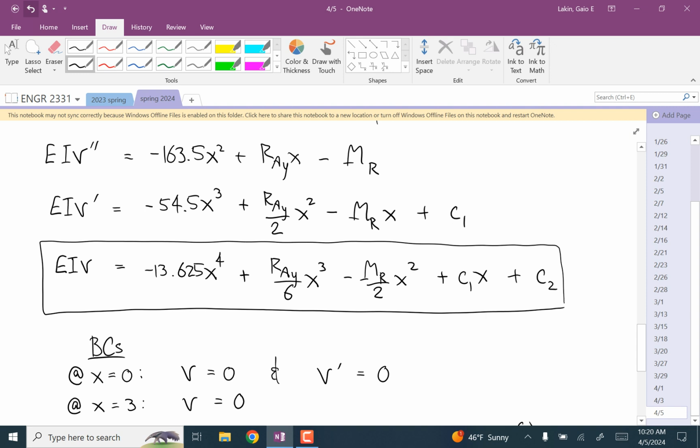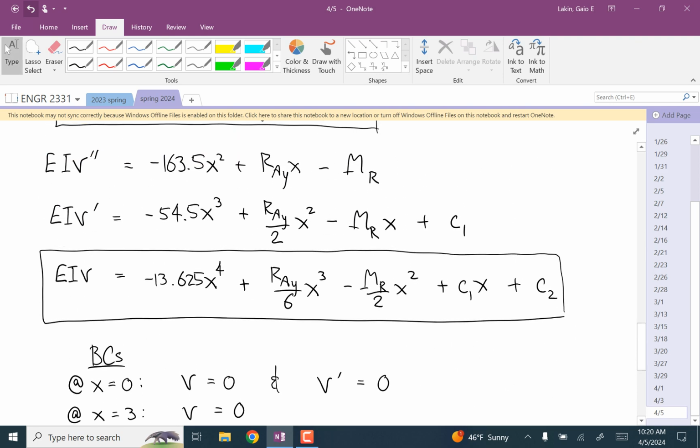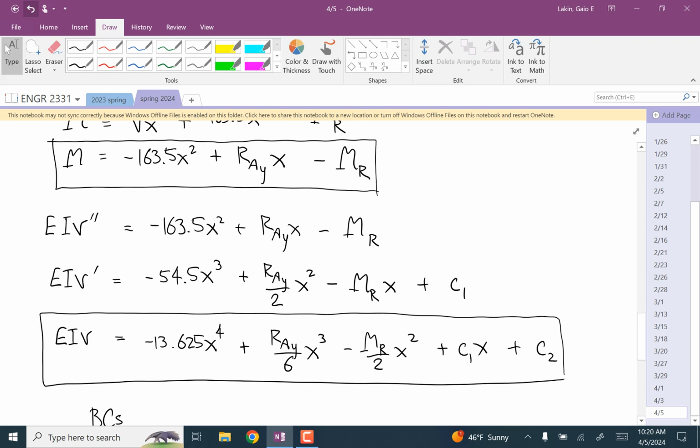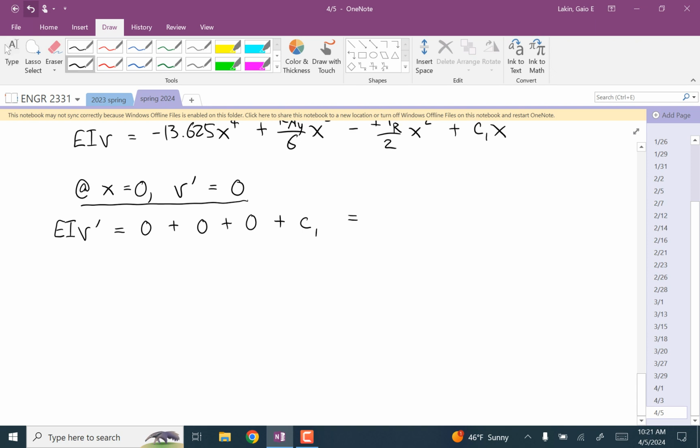Let's plug in the x value. We're still at x equals 0, so this first term is 0. The second term, plug in x equals 0, that's 0. Third term, 0. And then the fourth is the C1. And this has to be equal to 0 because V prime at 0 is 0. And so this tells us that C1 is 0.